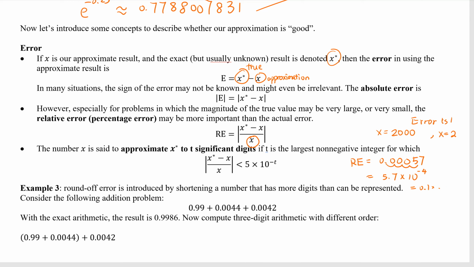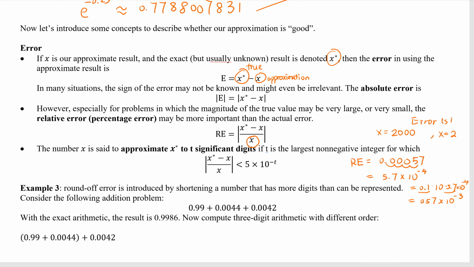Let me see how I do it. Times 0.1 times 10. Then I'm just having the same thing, right? So 5.7 times 10 to the minus 4. Now what happened? 0.1 times 5.7 gives us 0.57 times 10 to the negative 3, right?